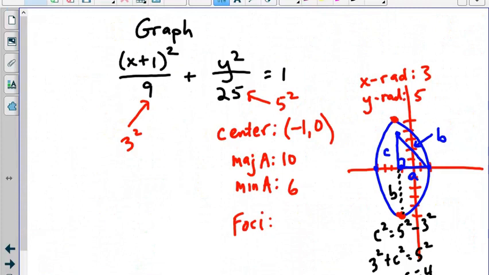So the focal distance is 4. And when we are looking at how long that's going to go, we take the center, negative 1. The x value is not going to change. We're going to take that 0 and add and subtract 4. So we have negative 1, 4, and negative 1, negative 4 are our two focus points.